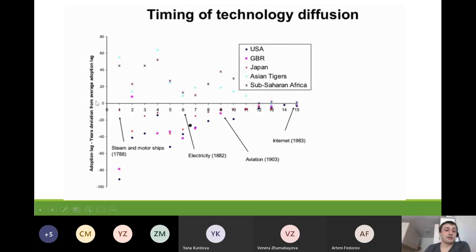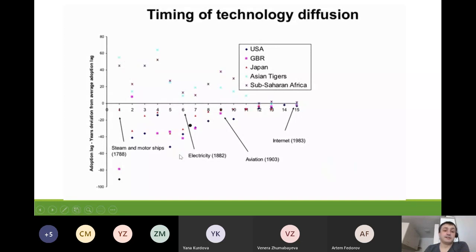And 0 is always average. So for example, for motor ships, the first country which adopted was the United States, minus 90 years, and the last one was Asian tigers, plus 55 years. So basically 140 years it took before it was introduced between the United States and Asian tigers.